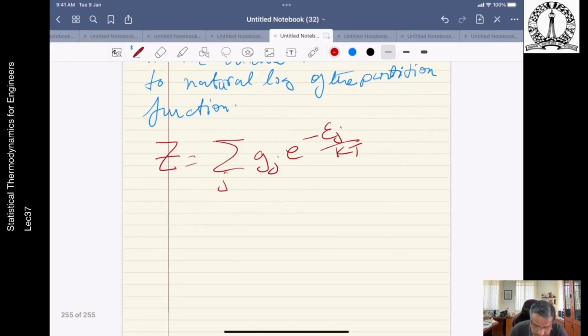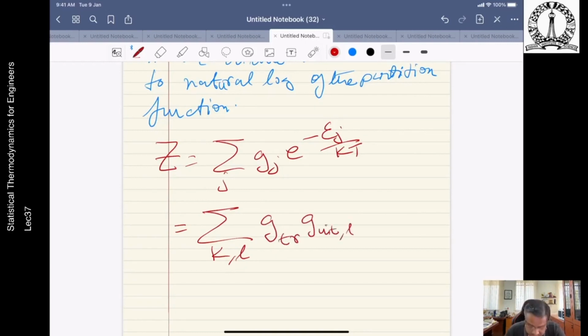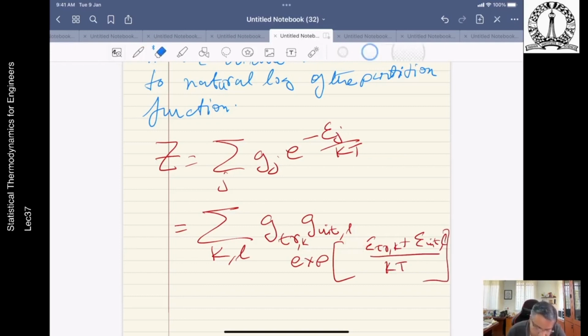This now can be written, because of the separation, as the translation degeneracy g_TR and the internal-mode degeneracy, with exponential of minus E_TR,k plus E_internal,l, divided by kT, summed over k and l.